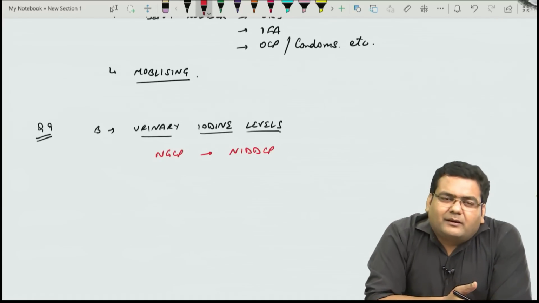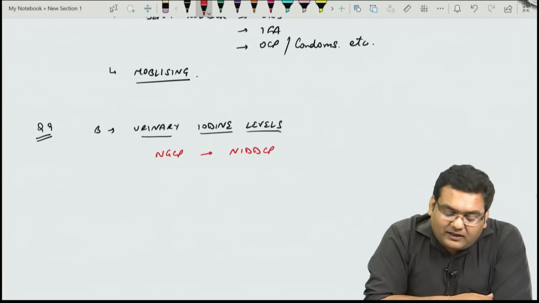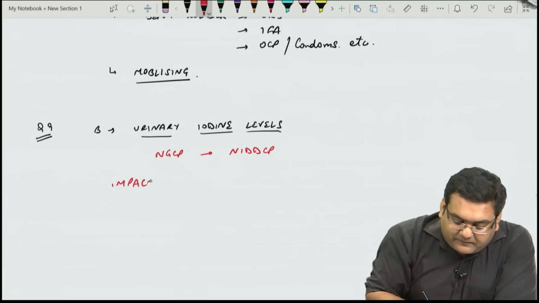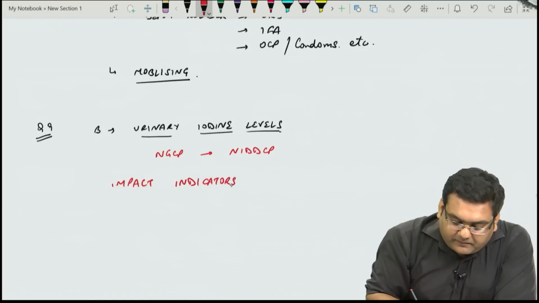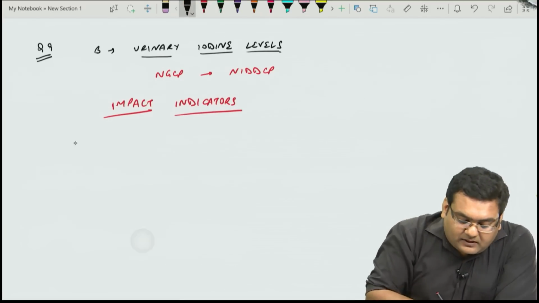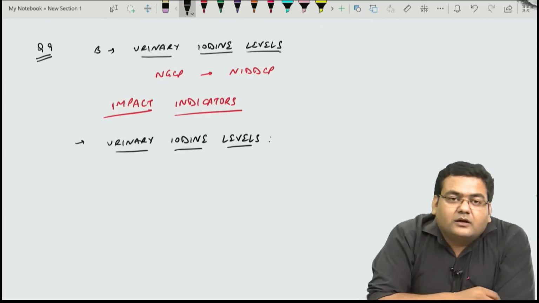So in view of that, the program was expanded from just only goiter to iodine deficiency disorders. Now for any program, some indicators have been suggested to assess the impact of the program. Under National Iodine Deficiency Disorder Control Program, the impact indicators which have been suggested are: first, urinary iodine level.